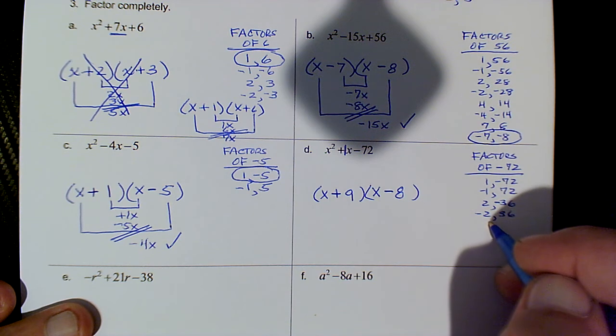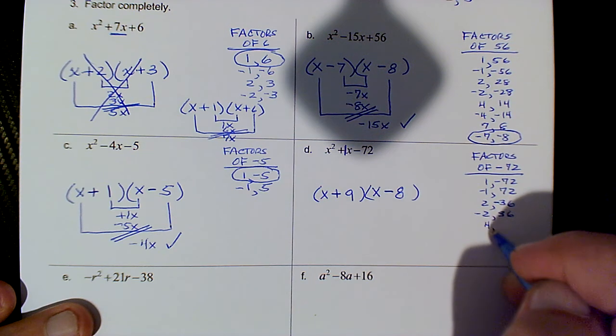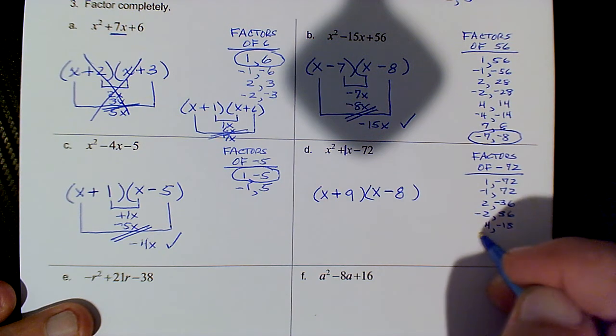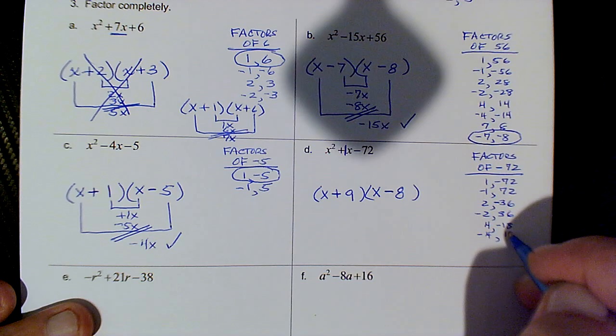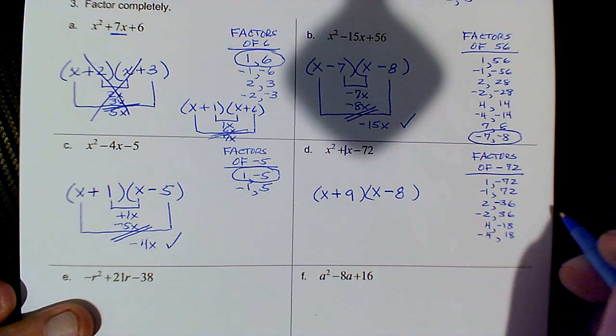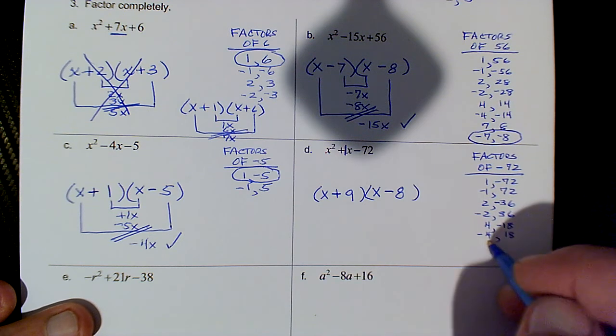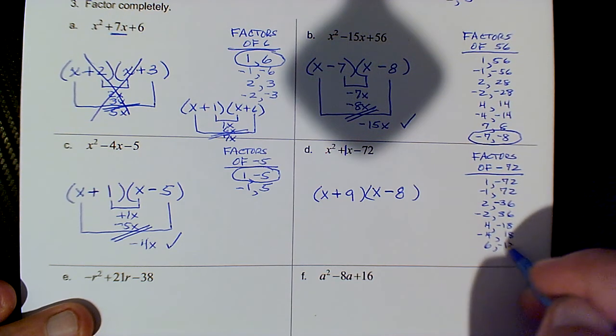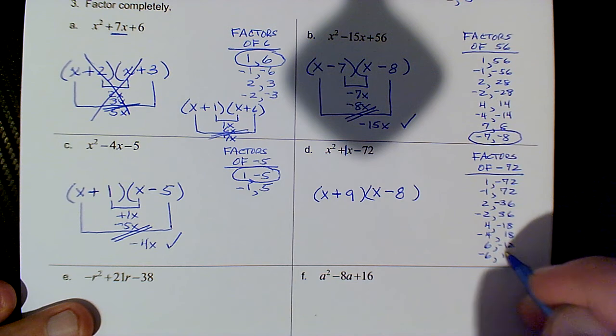See, 3 works, right? No, it doesn't. 3 does not divide evenly. 4 divides evenly into 72 18 times, so 4, negative 18, negative 4, 18. 5 doesn't work. 6 works. 6 and negative 12, negative 6, positive 12.